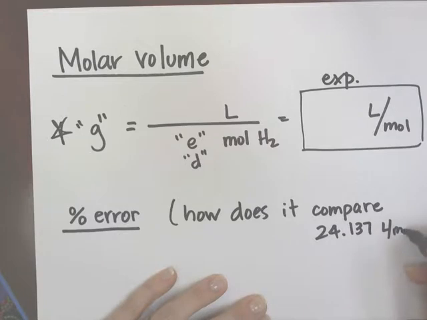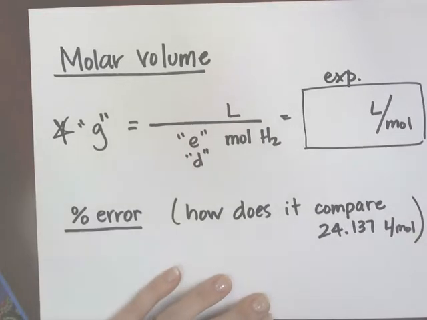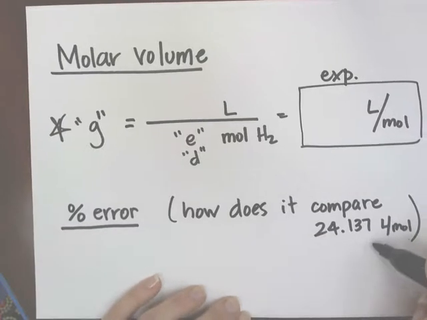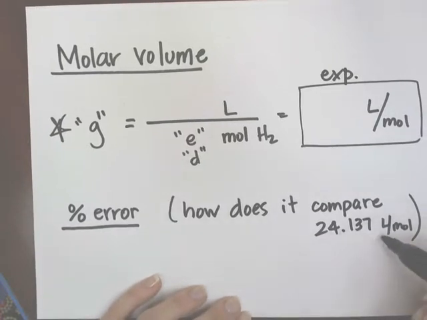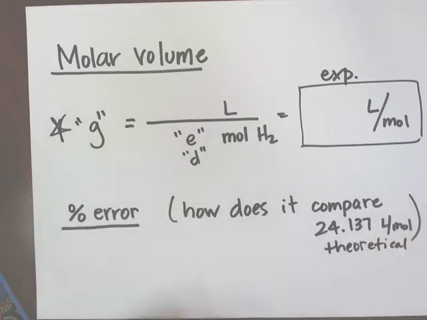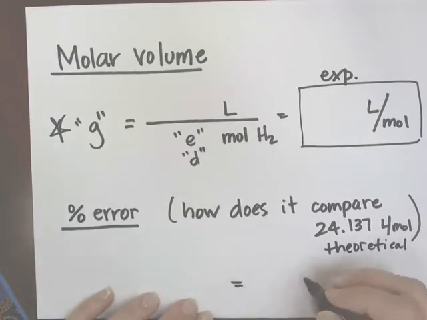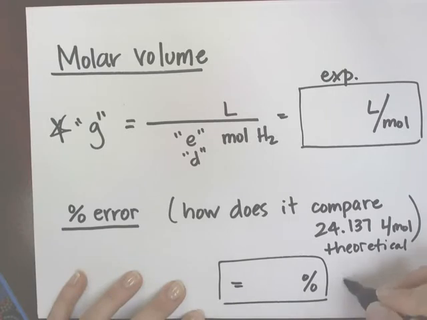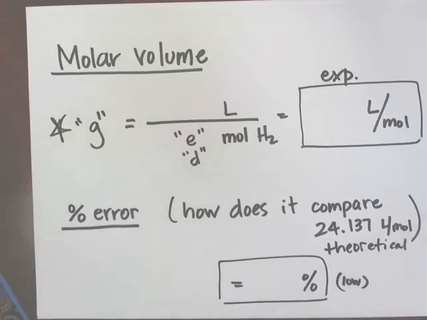So you have a formula there to then compare your answer with the 24.137 theoretical value. And then multiply by 100, and then you should be able to get a percent. And I'll just let you know that in the perfect world of Late Night Labs, this should be very low. So there's not a lot of error in this lab.